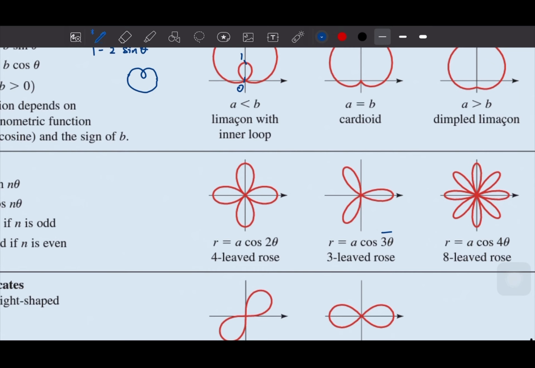And then there will be some pattern within the rose. It depends on the n. When n is odd, it becomes the number of the leaves. When n is even, it becomes twice the number n here.